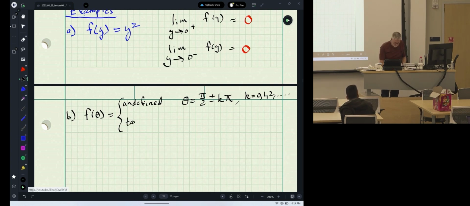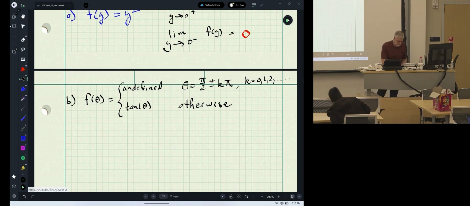And it's tangent of theta otherwise. Ooh, that looks more challenging. But if you get it, we get to go home.